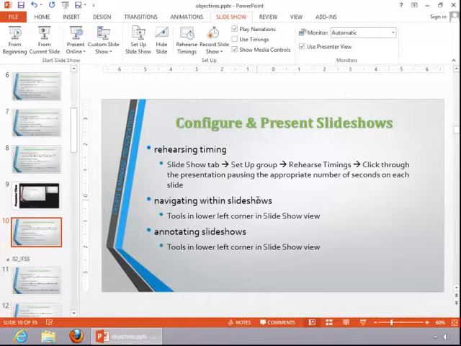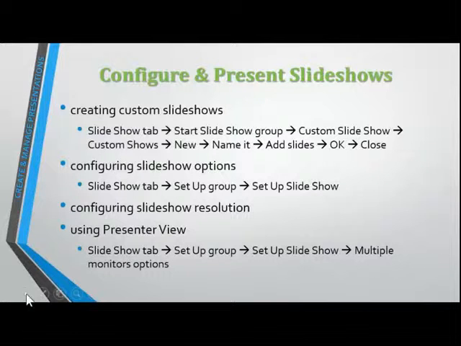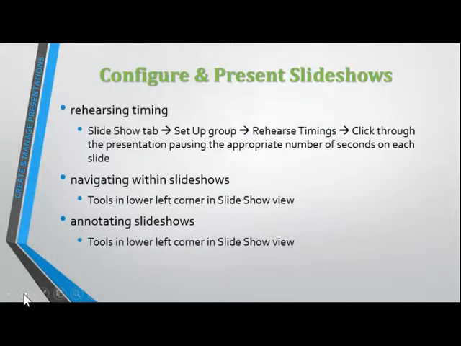To navigate within a slideshow and annotate a slideshow, you will use the tools in the left corner of Slideshow View. And if you hover your mouse over the bottom left corner of Slideshow View, you will see these tools. You can move backwards and forwards in the presentation.